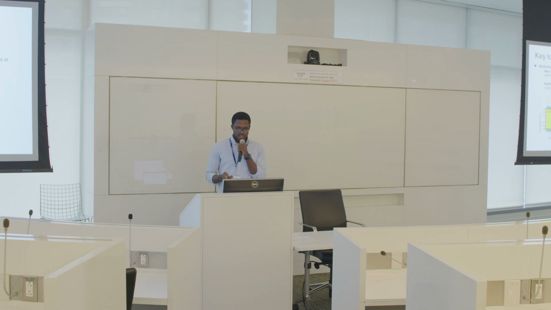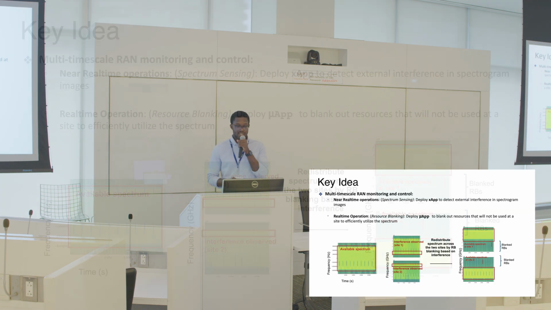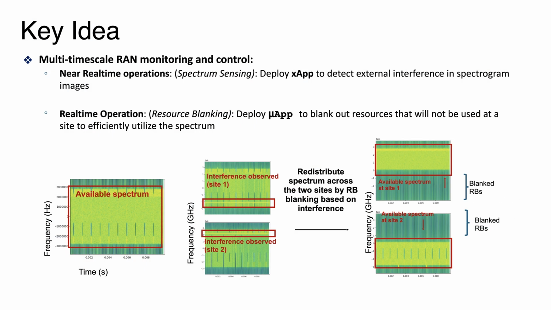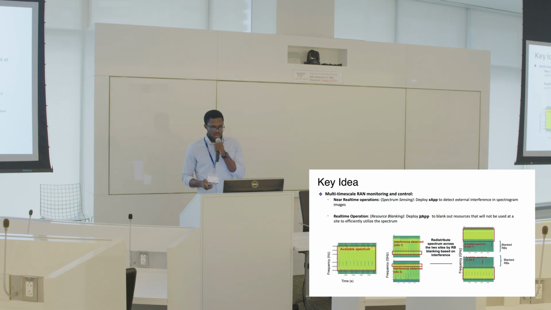So we have this big chunk of available spectrum, and you notice interference at two different sites. We redistribute this resource across the two sites by RB blanking, based on interference.